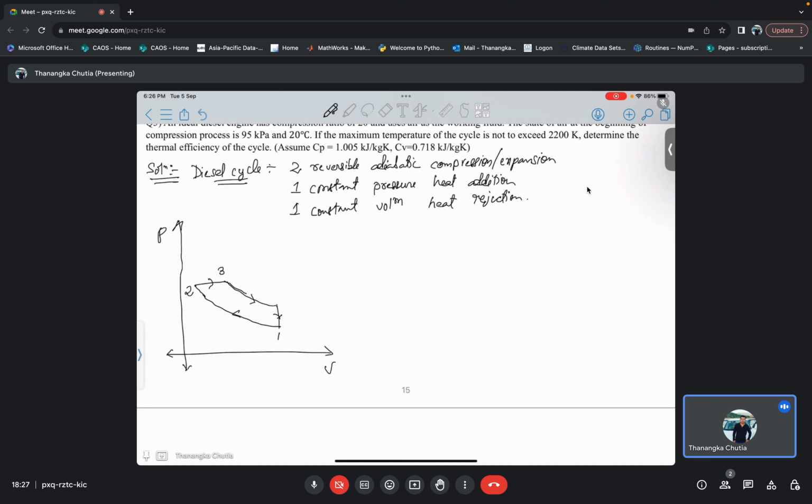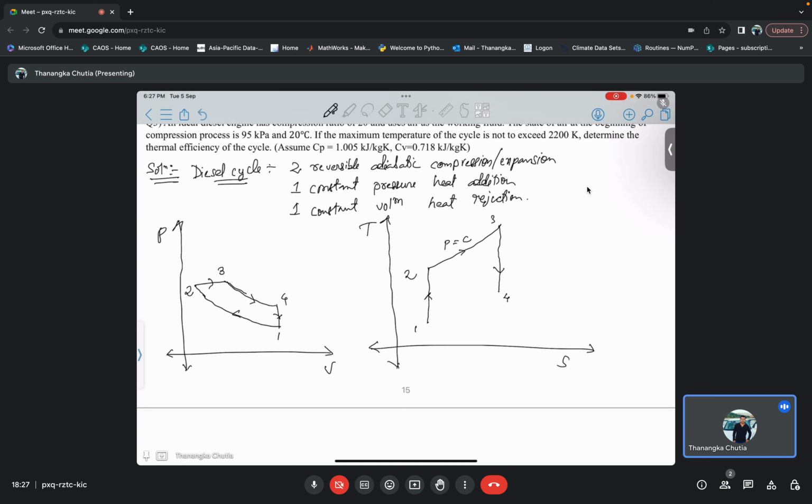This is how the cycle will look. Okay, the next is the TS diagram. So this is my 1 to 2 and this is my 2 to 3. Now this will be P equal to C. Okay, then this is my 3 to 4.